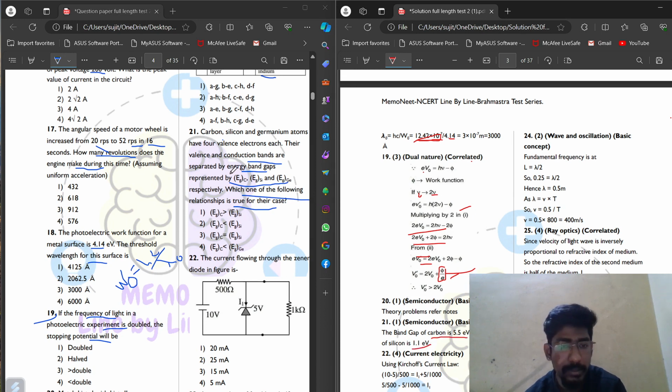But understand one thing: out of carbon, silicon and germanium, silicon and germanium are semiconductors, but carbon is an insulator kind of thing, right? So the band gap for carbon will be greater than 3.5 electron volt.